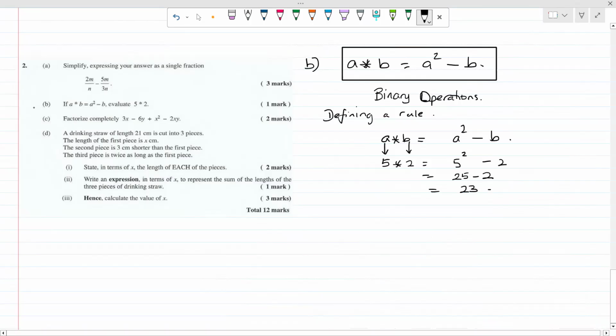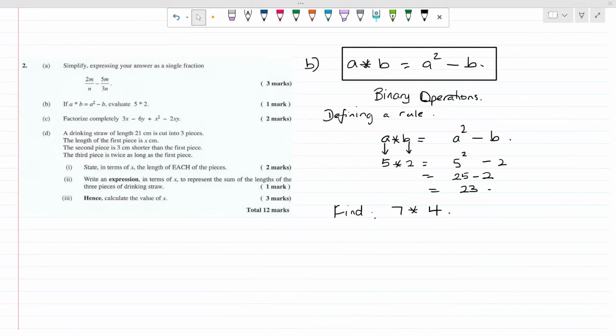Everybody understand that? So using the same rule, can you find for me 7 star 4? So same thing like before, right?